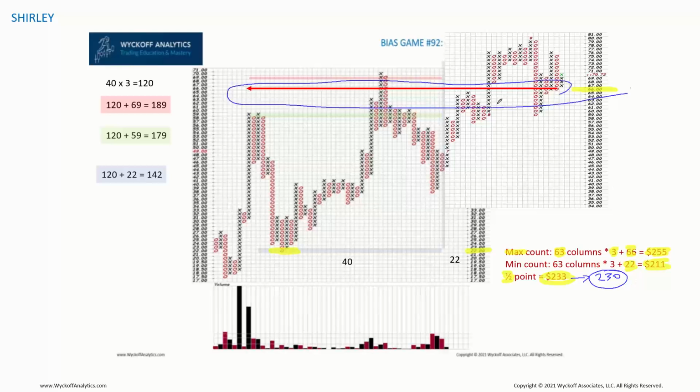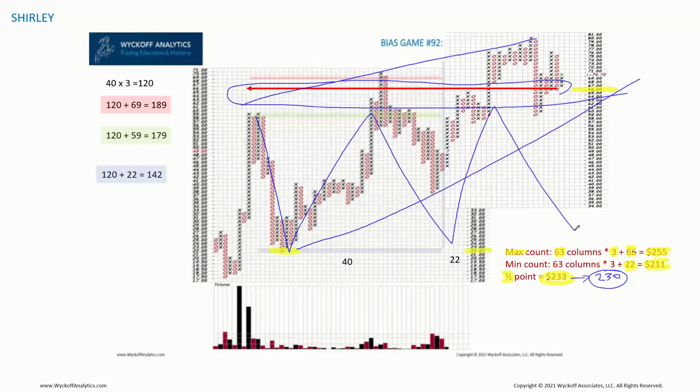It was a little bit challenging because we have an upsloping structure here. So usually we would have more of the horizontal structure, right? So something like this, then the count would make sense. But here we have this upsloping structure.